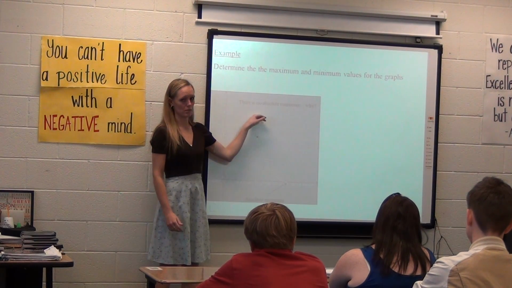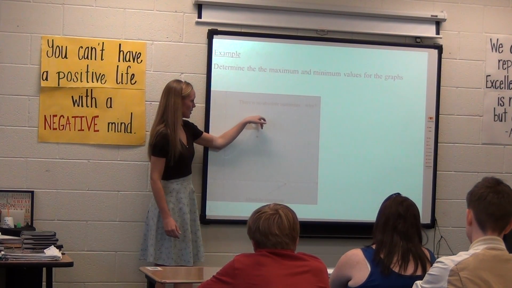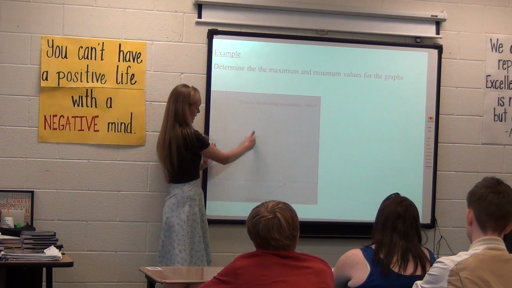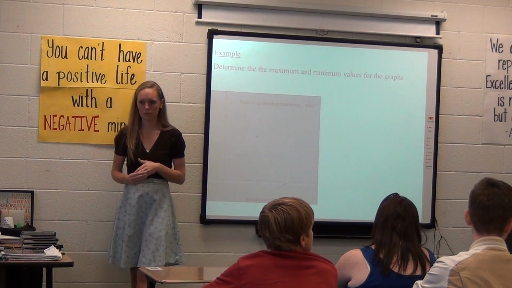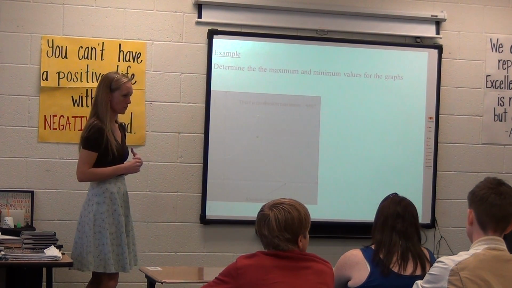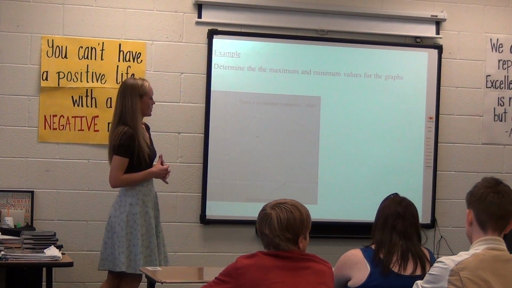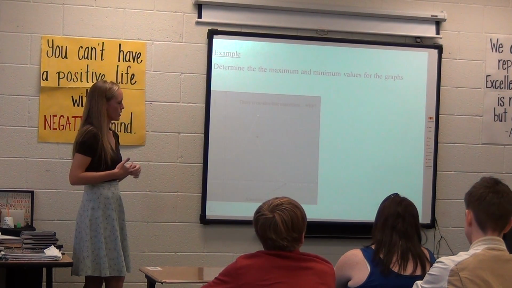My graph goes all the way up to here. And once I get up here, now I have a discontinuity. I could also look at this as being an open interval, and because it's open, I can't work with that. So the one with the actual point, the black one, is higher than the one with no value. Then that would be the maximum value, yes, because that's the highest point value.